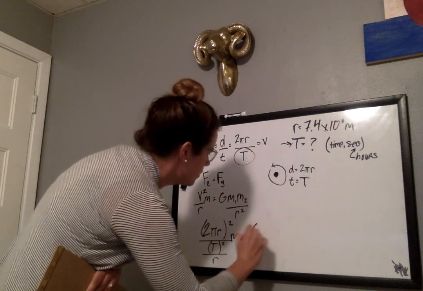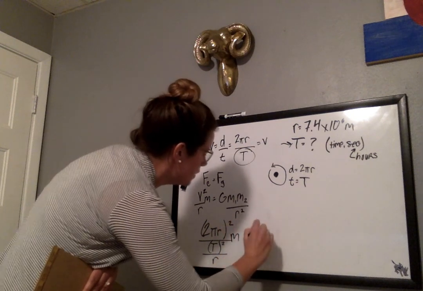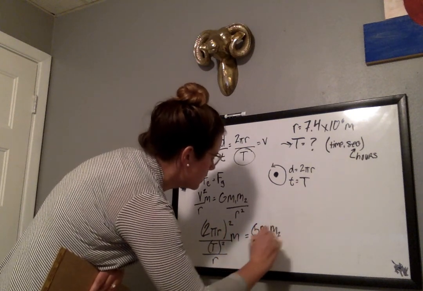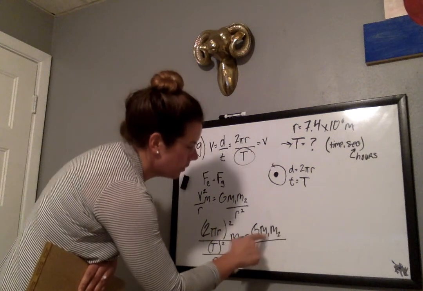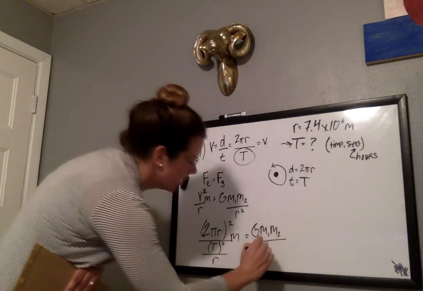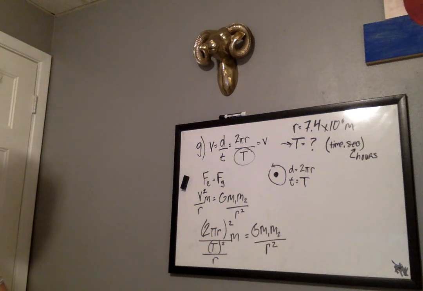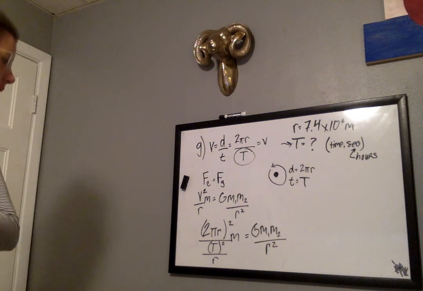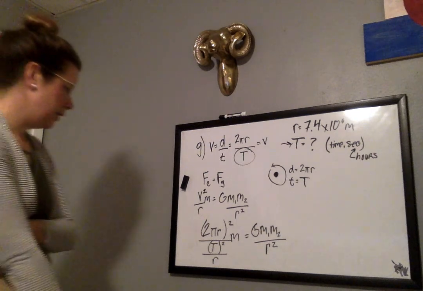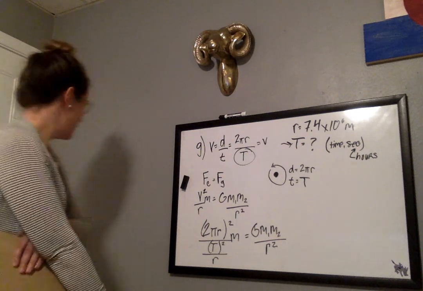Here, nothing changed. We have G, that is our gravitational constant, m1, mass of the second object. So this is planet and your ball. These can be interchanged, divided by r squared. Doing a little bit of rearranging.